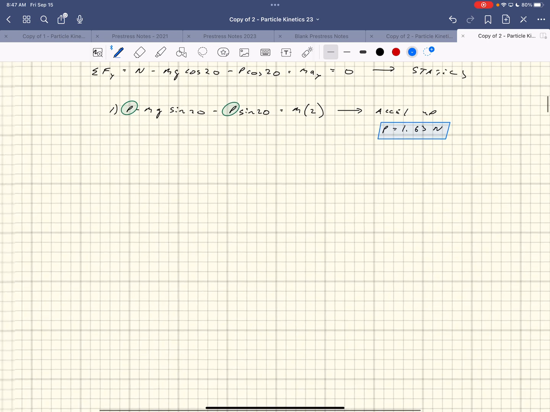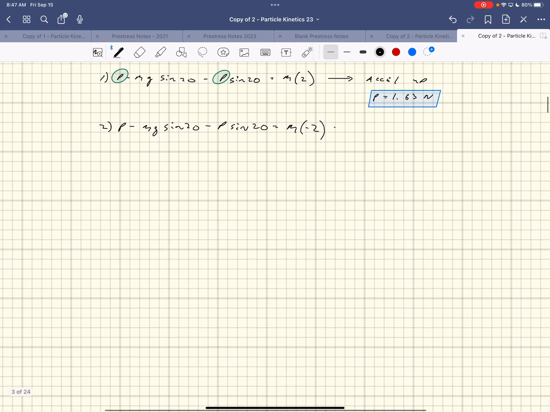Okay, that's for it accelerating up. The second part of the problem would be P minus mg sine of 20 minus P sine of 20 is equal to m times -2 on the right-hand side there.